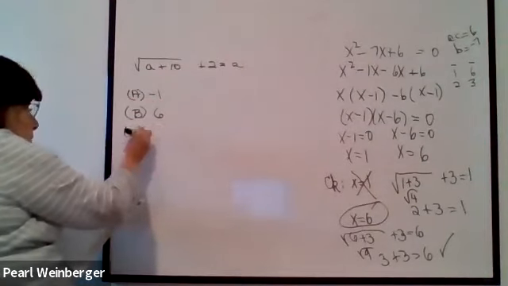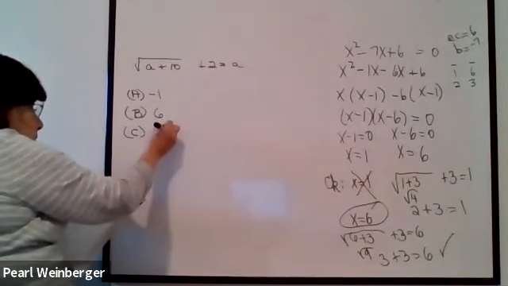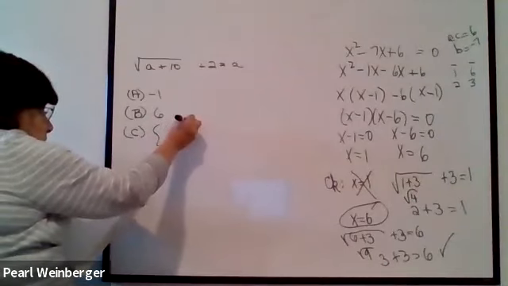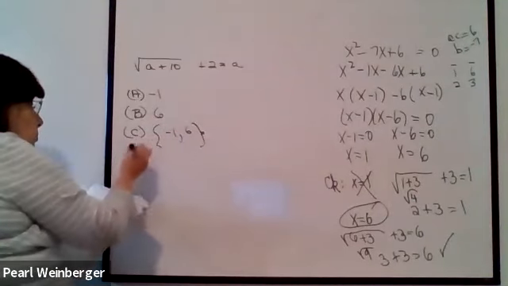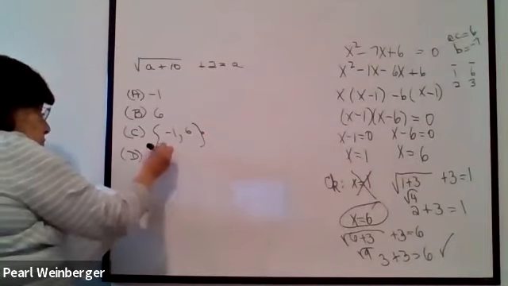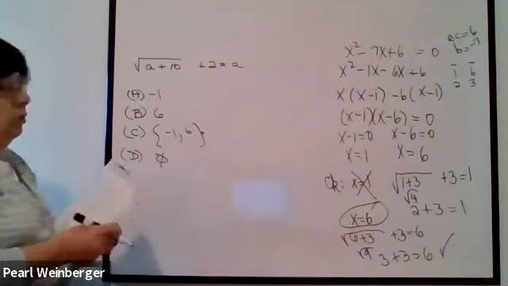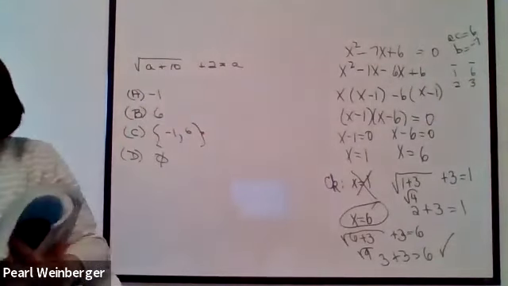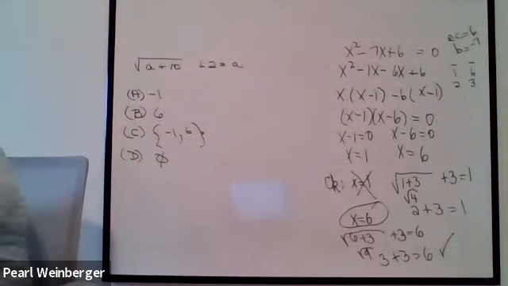Choice 3, -1 and 6. And choice D, no solution. These are your choices that I'm giving you. It's a multiple choice question. Try that while I am taking attendance, and we'll work on it together.